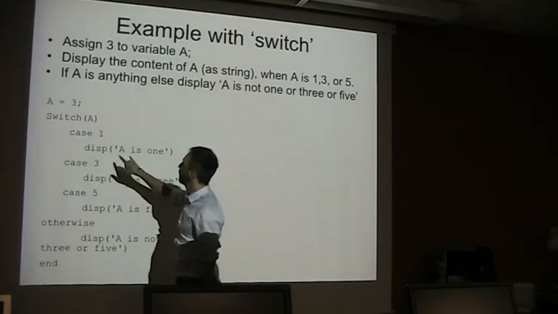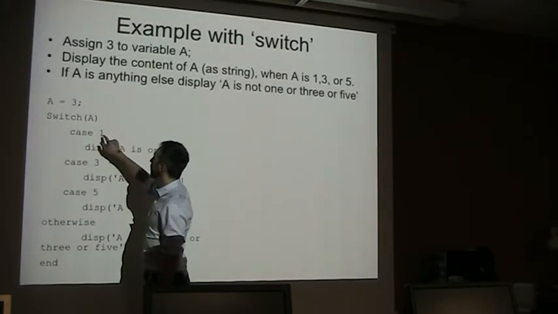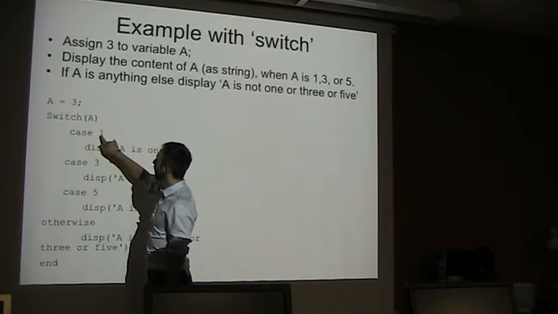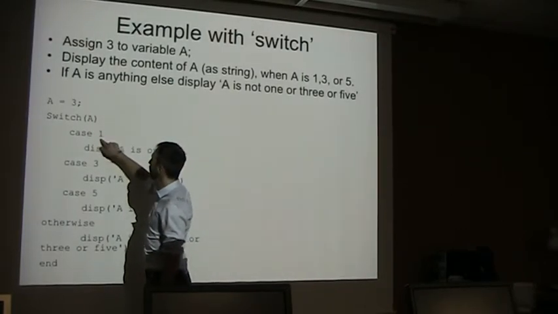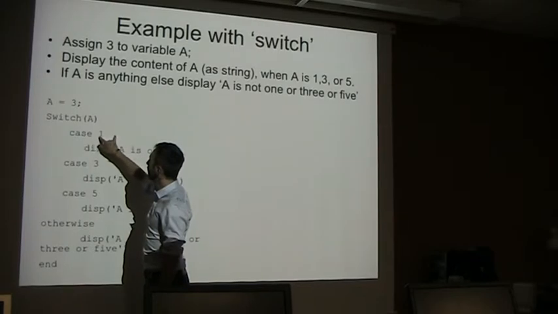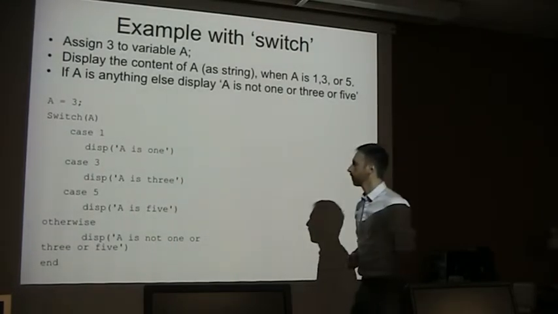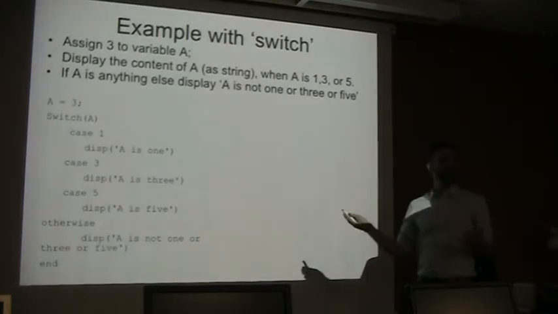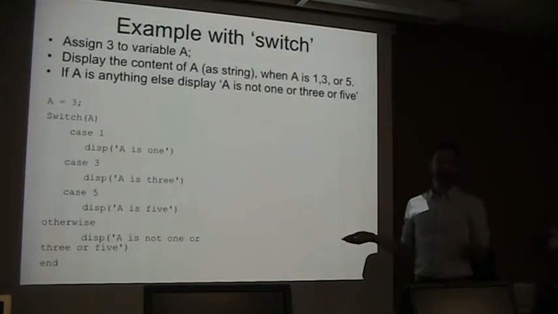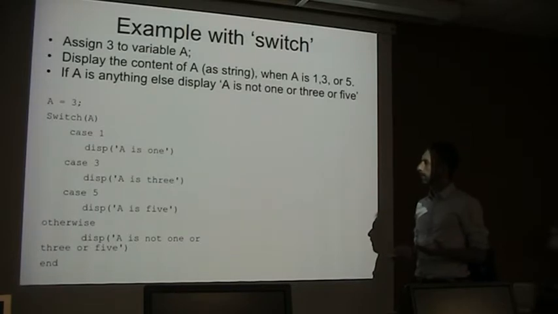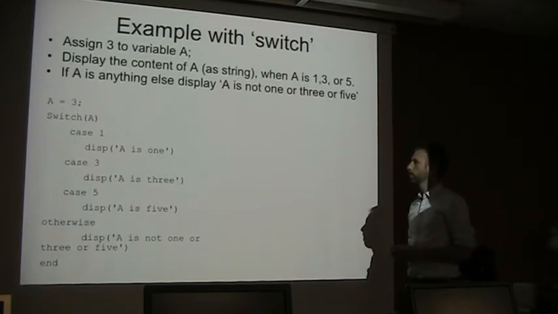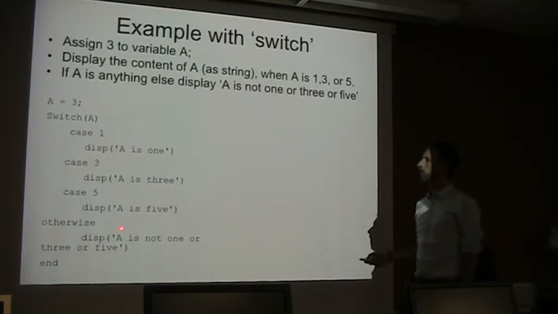And if one case is whether a is 1 or 3, we could put in a vector here with 1 and 3. Otherwise, it's very similar to using if and else, right? Or then is the word otherwise, which is like else when using if.